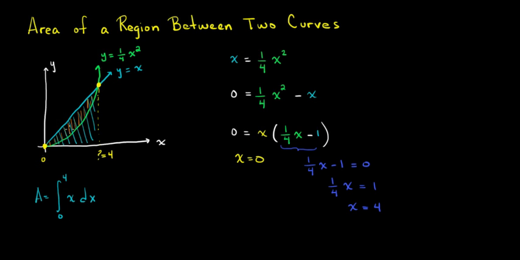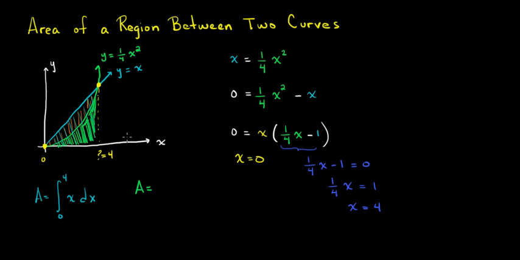Now what if I asked a separate question: can you tell me the area underneath the quadratic function, the curve 1/4 x squared? You would then find just this piece right here. How do you find this area?